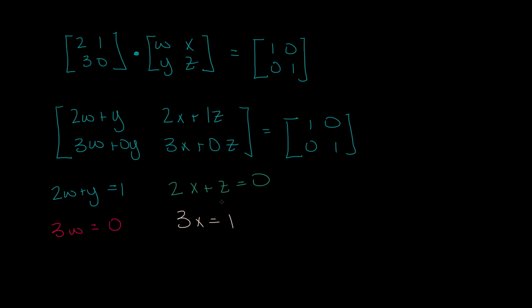All right, so now we have that all set up. Right away, I know that W has to equal 0 from this, and I also know that X will equal 1/3.